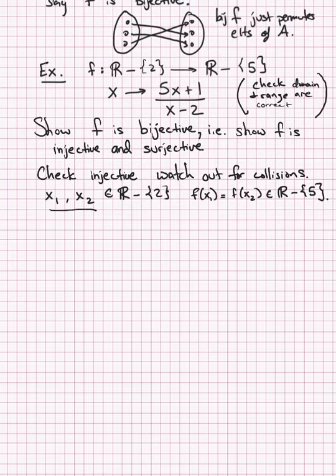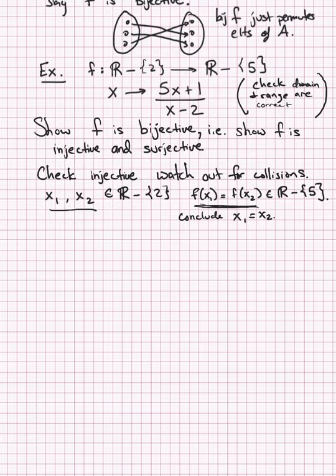If they are the same, what we want to conclude is that x1 is equal to x2. So this just means that we're going to plug x1 and x2 into the function f, set them equal to each other. That's what we're assuming, they're equal, and we want to conclude that these values are equal.